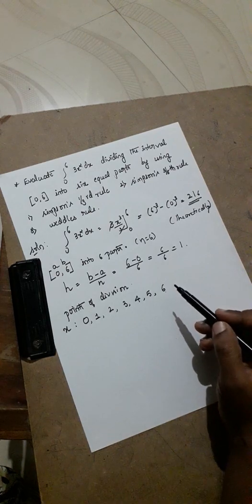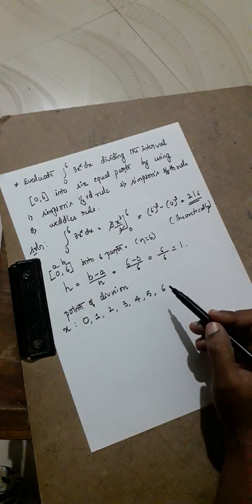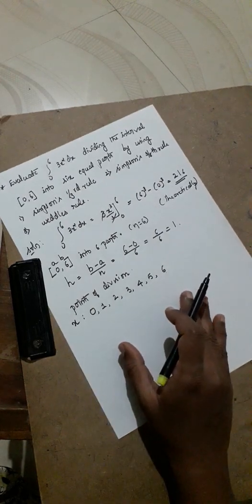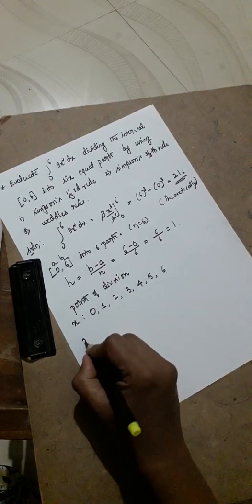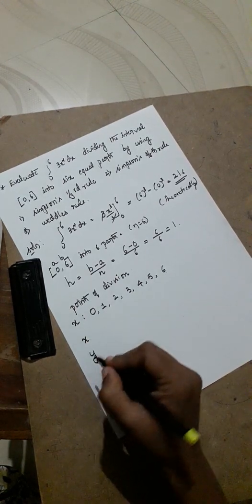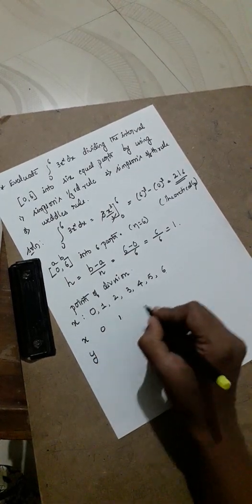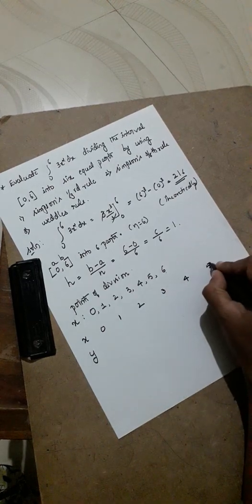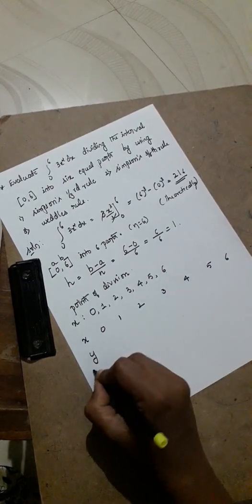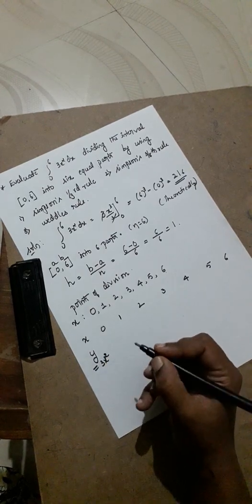Now we can find the corresponding values of y using the given function. We have the set of values for x and y, shown in the table now. The x values are 0, 1, 2, 3, 4, 5 and 6. What is the function here? y is equal to 3x square.